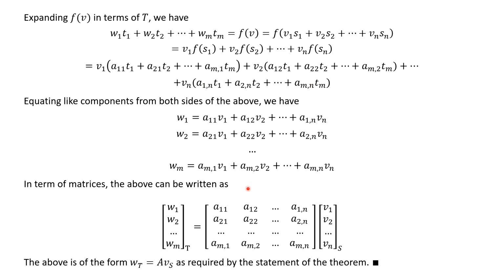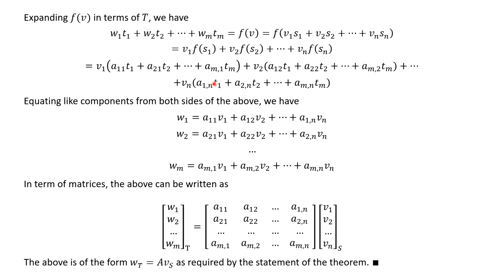And then the last step is we identify this side with this side here. So we need to collect all the coefficients of t1. So that would be v1 times a11, v2 times a12, keep going, and then the last one would be vn times a1n.